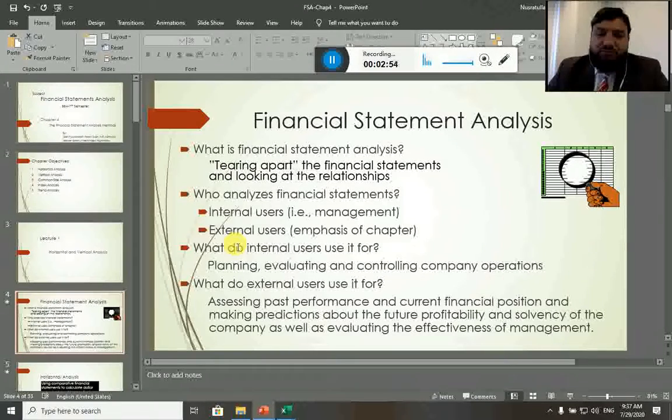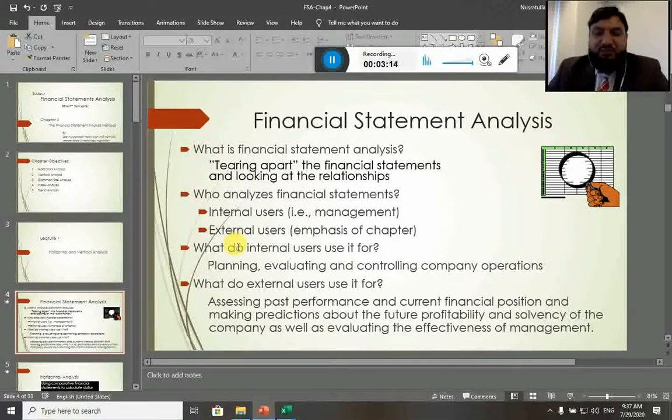So today I'll show you all the financial statements, the templates of them, and I'll share with you. If you want, you can forward me your email address. I'll share all these templates with you through that email.